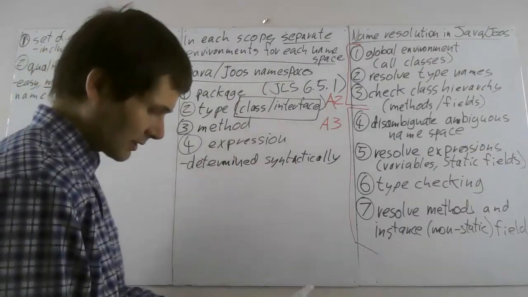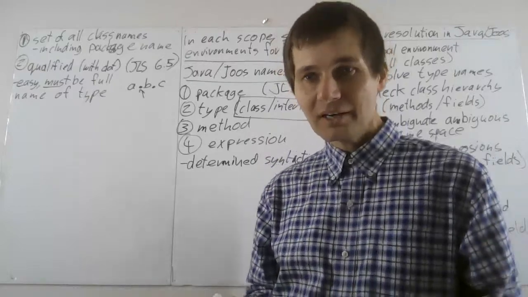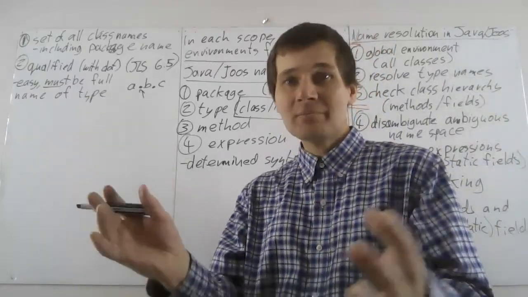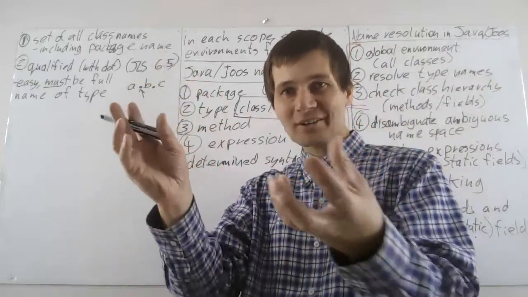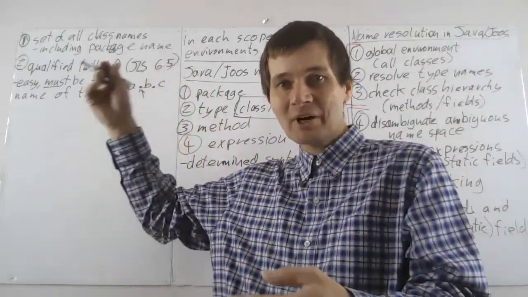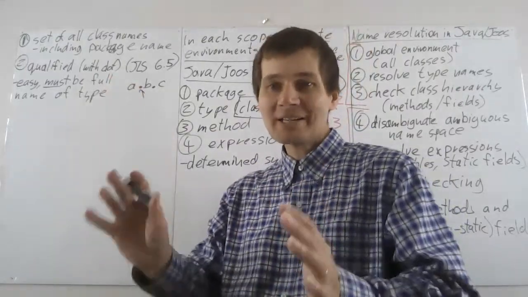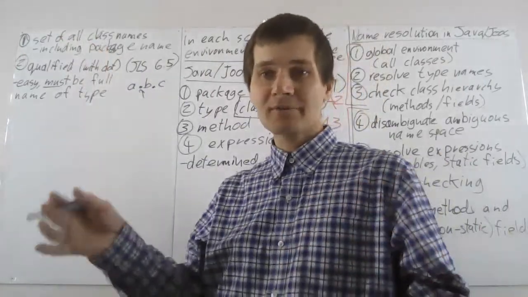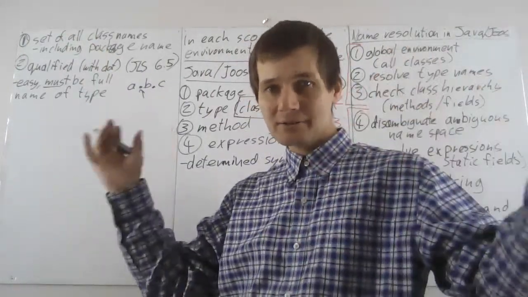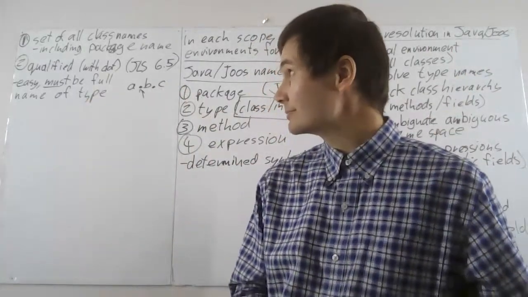You have to put the full name starting from the package name and the outermost package name, and as soon as you see a dot, the name has to be that full name. So you just look in your global environment and you find a type with that full name, and that's your type.